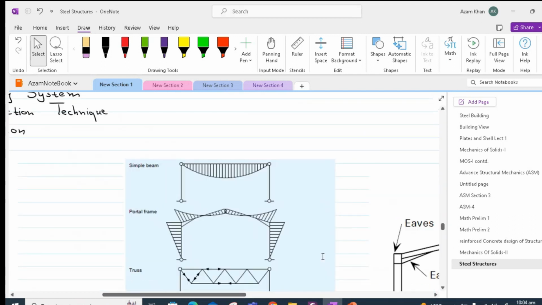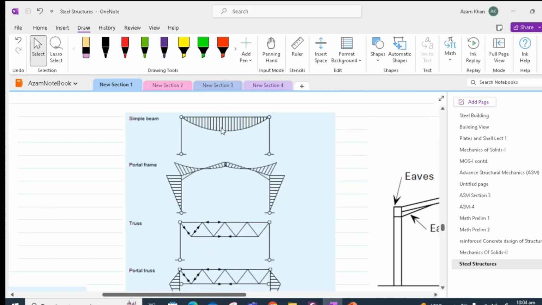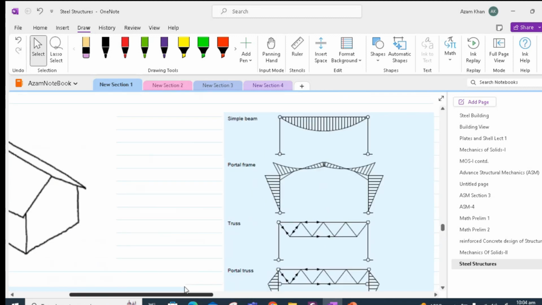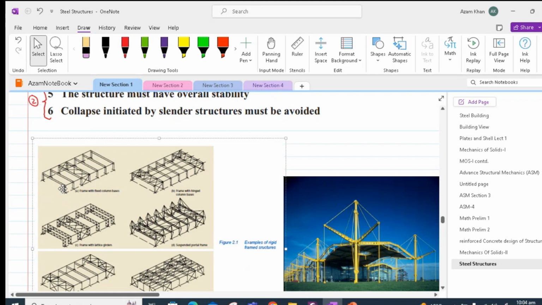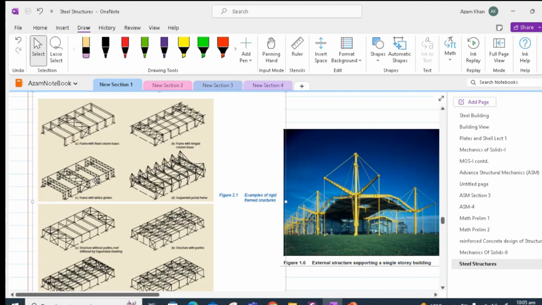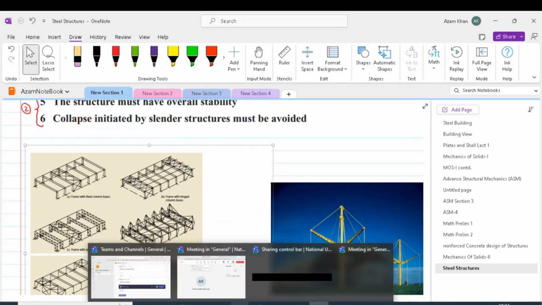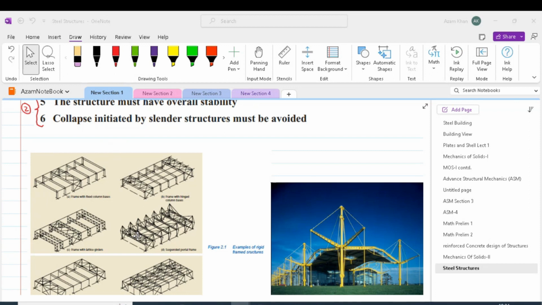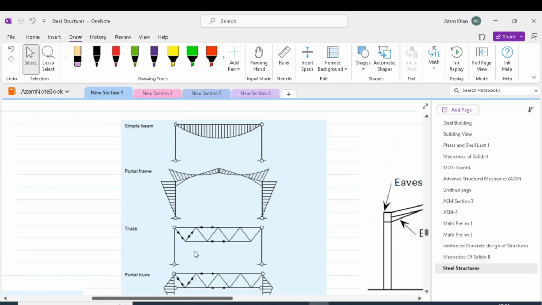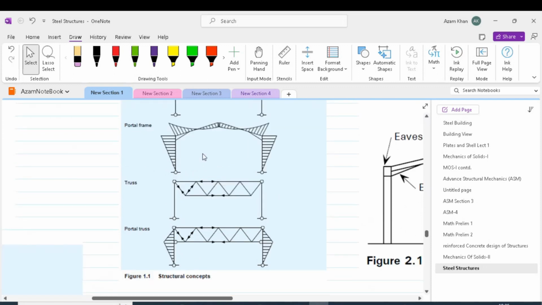All the types of single frames discussed here can be stacked behind each other, giving us a single-story industrial building. In the first four figures of these pictures, we have rigid frame structures. In the case of rigid frame structures, two examples were shown earlier in these structure concepts.